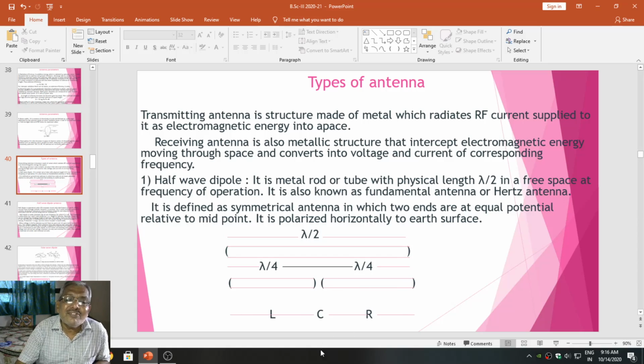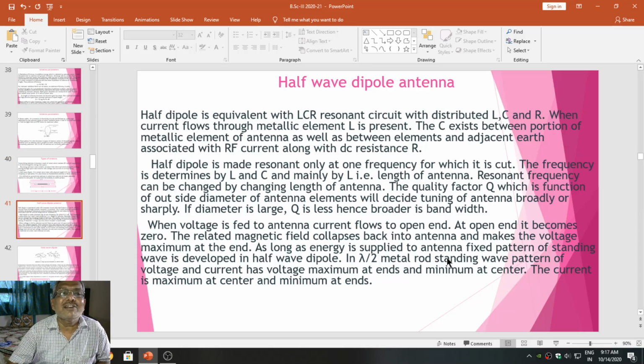Hence, it resembles the LCR concept. So this is how the conceptual aspects are related with the half wave dipole.